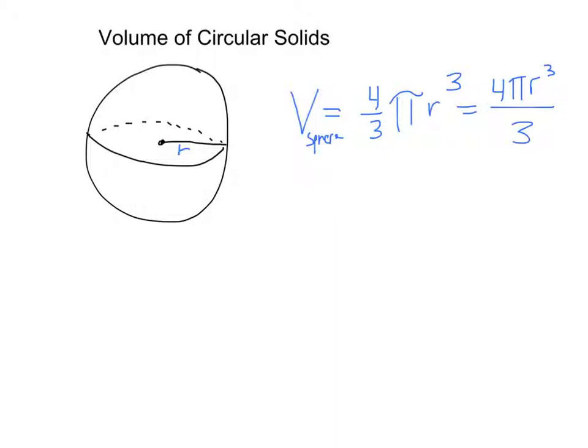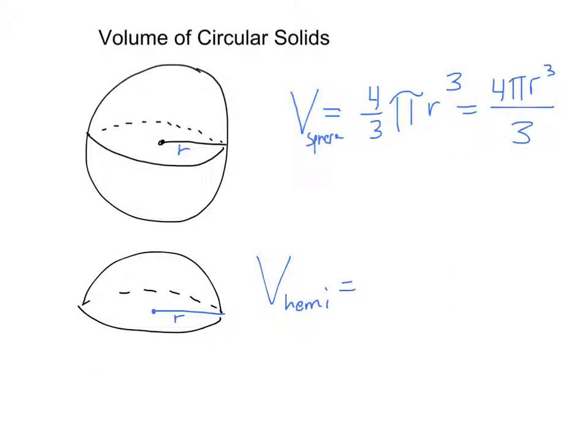Alright, then you might say, well, okay, what about the volume of a hemisphere? Well, same idea. We'll need a radius. And what's nice is we don't have to be super careful like we were with surface area. Volume of a hemisphere would just be half the volume of a sphere. Let's do a little calculation here. What is half of 4/3?